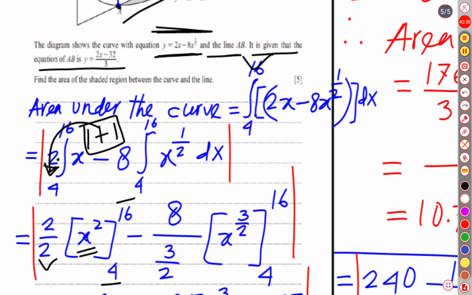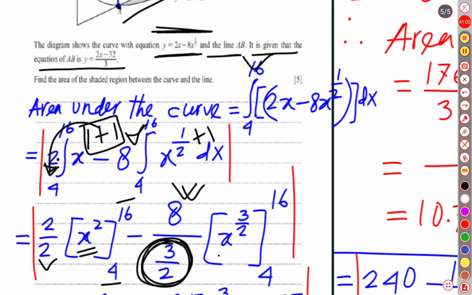After that, here the exponent is half. If 1 is added to half, it is going to be 3 over 2. So we have written 3 over 2 under this coefficient. We know the increased exponent will divide the given coefficient. The increased exponent always divides in case of integration.